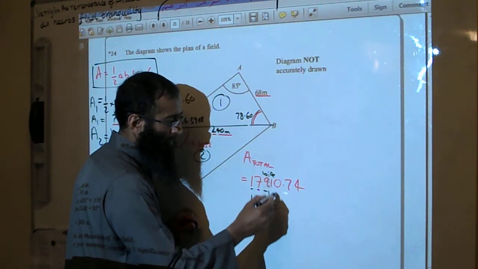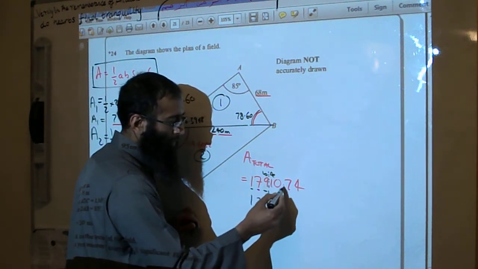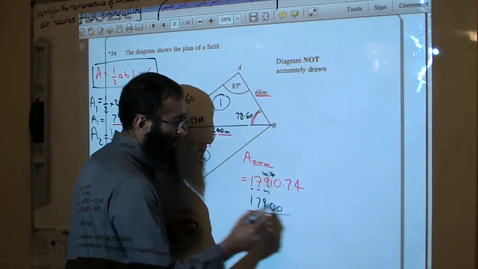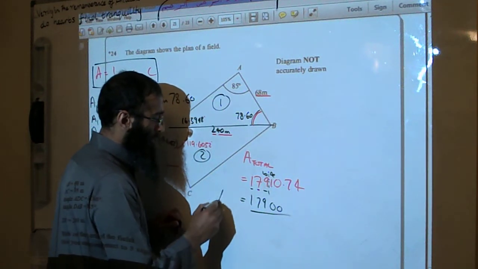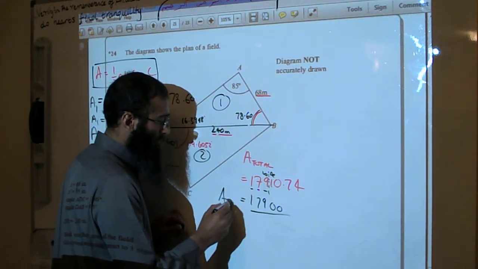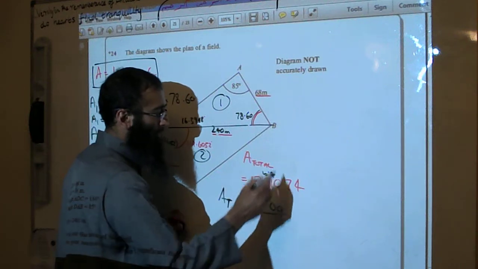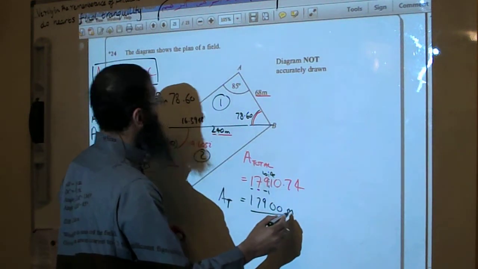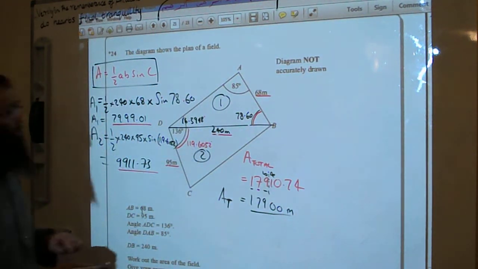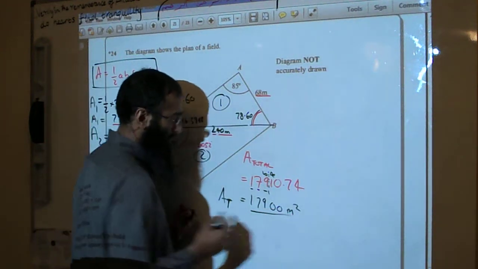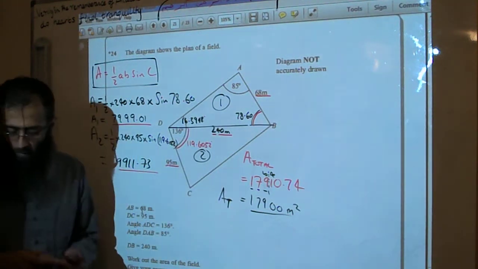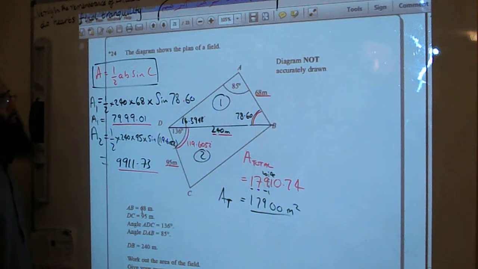So that's a 0, and that's another 0, and you stop after the decimal point. So that would be my final answer, 17900, and it's going to be metres squared. Okay, that's lovely. I hope we've got that nice and clearly.